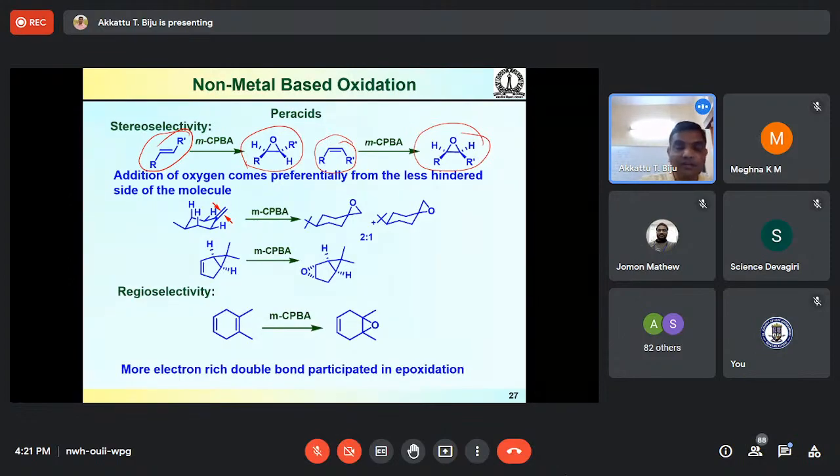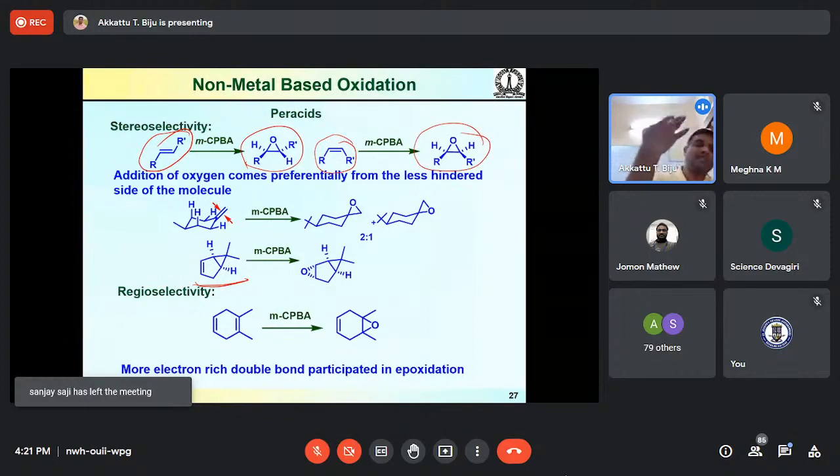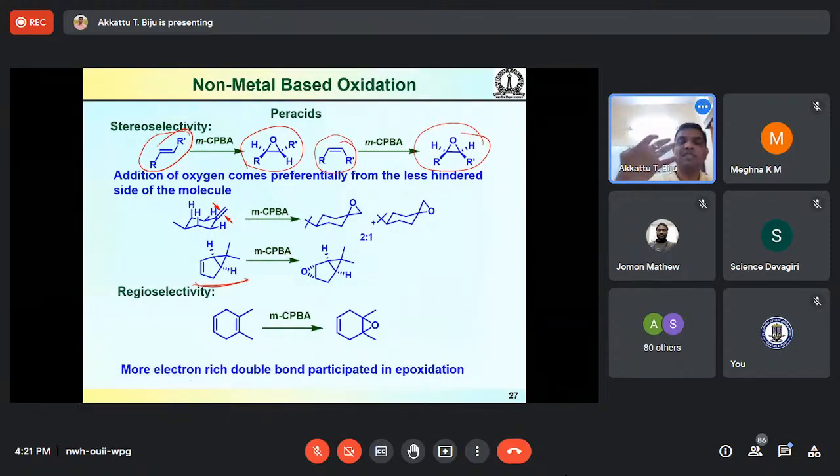For example, if you have a cyclopentene derivative like this, where these two hydrogen atoms are projecting below the plane, that means the cyclopropane ring is projecting above the plane, so the cyclopropane can have some effect on the epoxidation reaction. Selective oxygen approach takes place from the bottom face to form a single diastereomer. This is something important: the sterics of the cyclopropane will allow epoxide formation from the bottom face. And this is the example I just showed you.